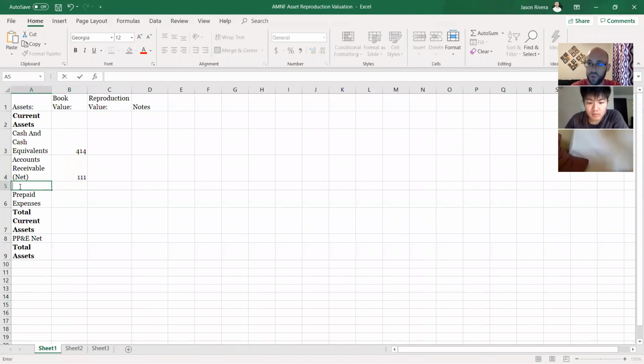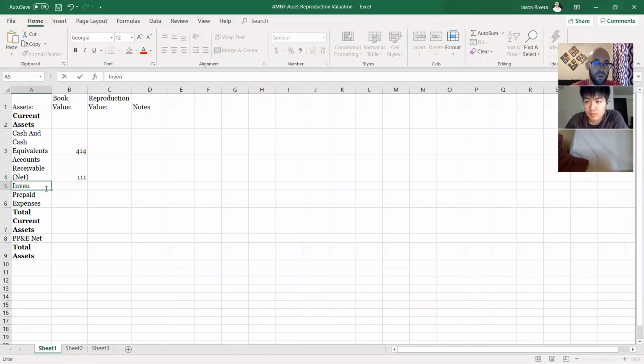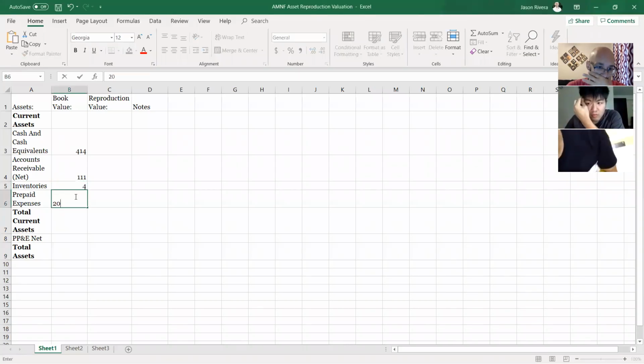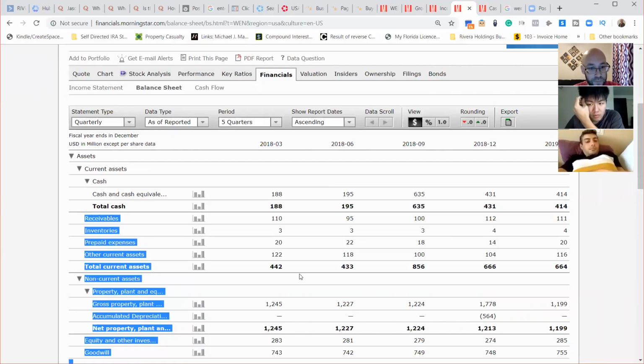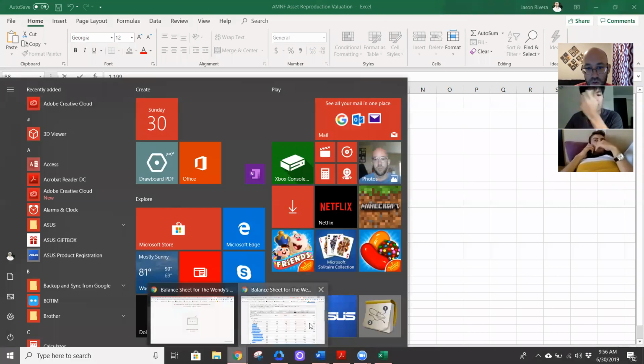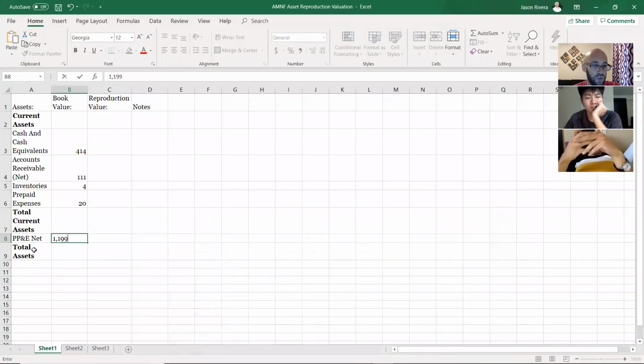So what's next after accounts receivable? Equity and other investments.